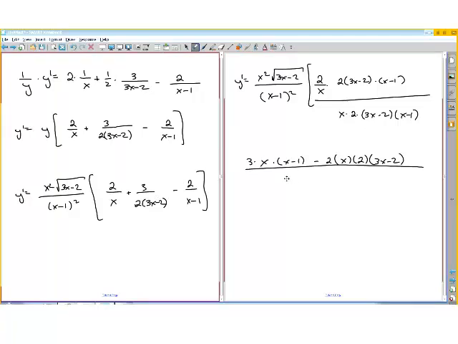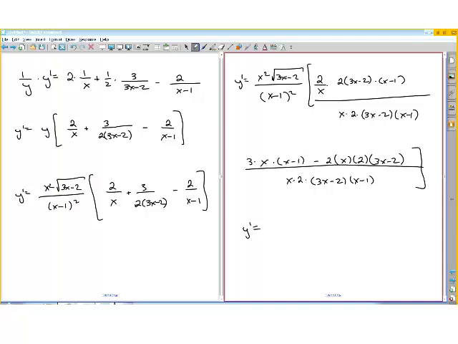And again, it's all divided by x times 2 times (3x minus 2) times (x minus 1). Well, one thing you can see is that I could factor out (x minus 1) and multiply it by that, so I get (x minus 1) cubed.